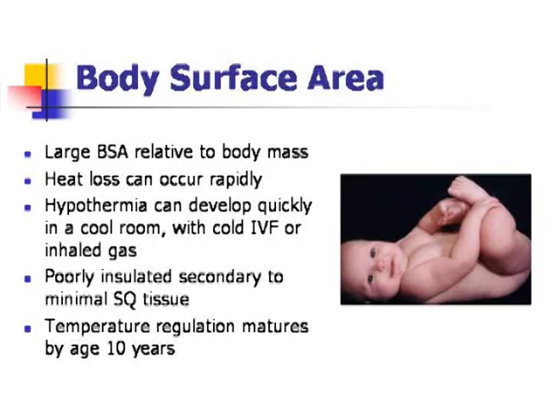A good rule is that usually your temperature regulation system matures by about 10 years of age, and after that, kids pretty much can regulate their body temperature similar to adults. But in kids under 10 years of age, you really have to be concerned that they're at high risk for getting hypothermia. So what we tend to do is try to make sure the kids are in a warm room, that there are blankets, that we use warm IV fluid, and that when they're being ventilated the gas is warm.